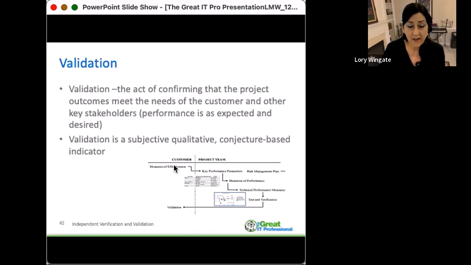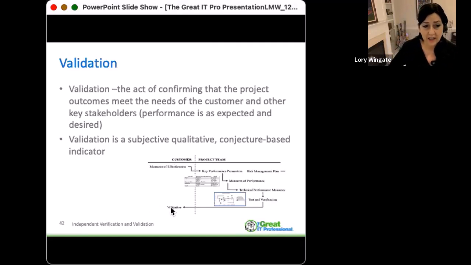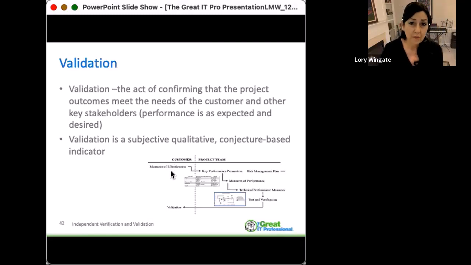But the measures of effectiveness drive, for the project team, what they define as the key performance parameters, the measures of performance, technical performance measures and indicators, and they define the test and verification. The test and verification feed into the validation and reflect what should be a complete alignment back to the measures of effectiveness.